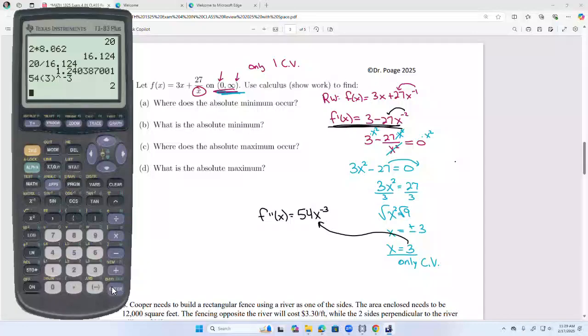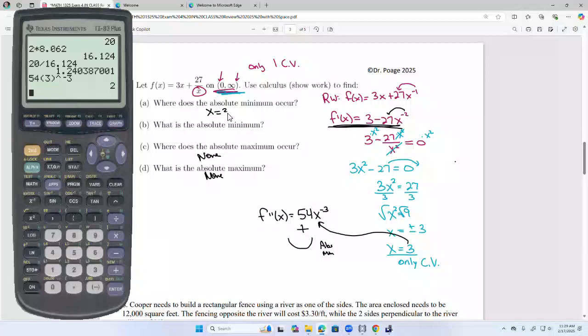And I get 2. Now, I'm not going to even write down the number 2 because I don't care about 2. What I care about is it came out positive. And if it's positive, that means it's concave up, which means this is an absolute min. So I know that there is no absolute max. And I know my absolute min occurs at x equals 3.